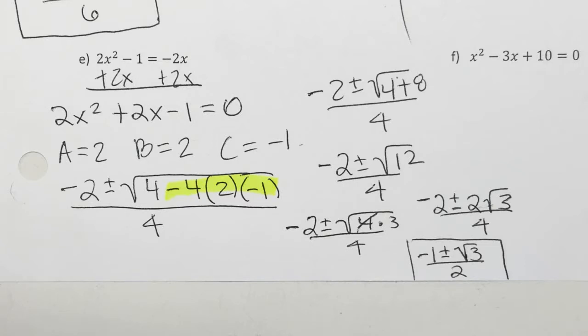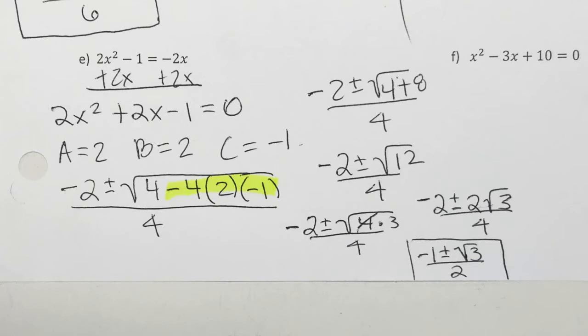Try it again. Negative b plus or minus square root of b squared minus 4 times c all over 2a. Logan, go ahead. Negative b plus or minus square root of b squared minus 4ac all over 2a.